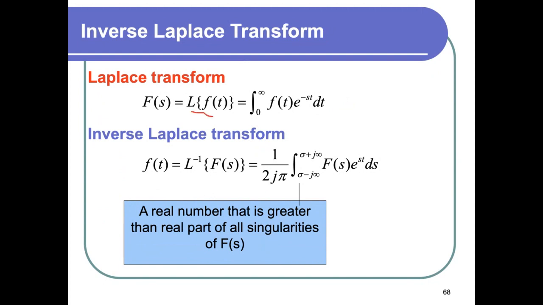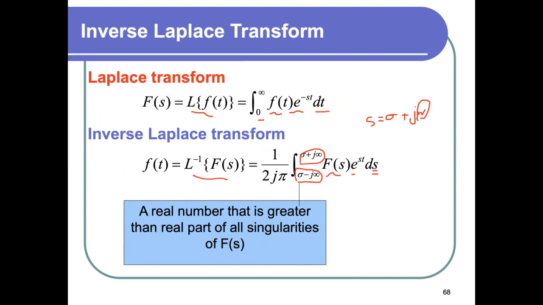Similar to the Laplace transform, we have an inverse Laplace transform. For the Laplace transform, we're integrating with respect to t, f of t multiplied by e to the power of minus st. For the inverse Laplace transform, we have a similar definition, but you are integrating with respect to s. So s is a frequency, s equal to sigma, the real part, plus j omega. We're going from minus infinity to infinity for omega, so we're integrating with respect to all frequencies.